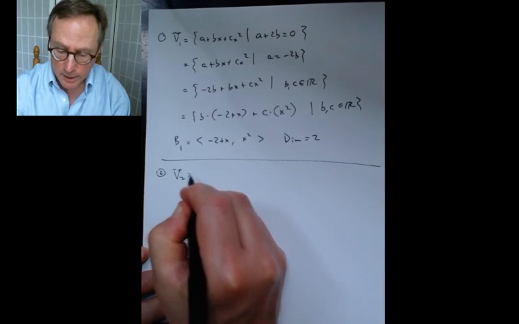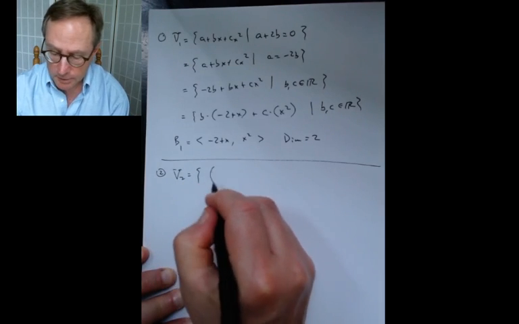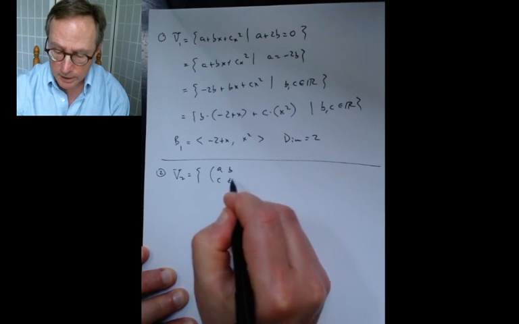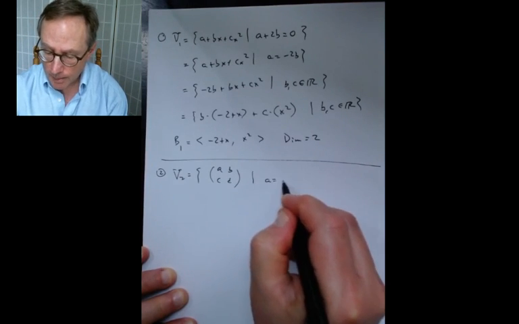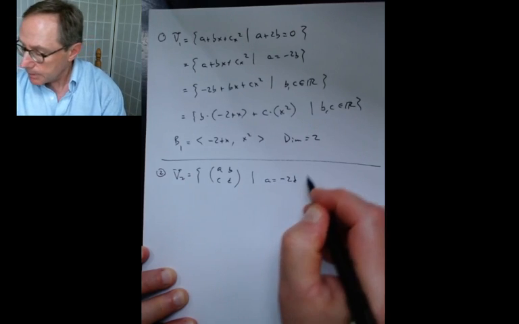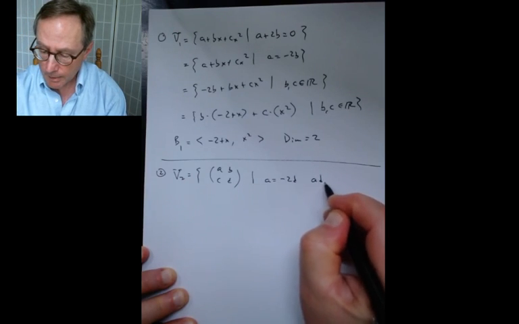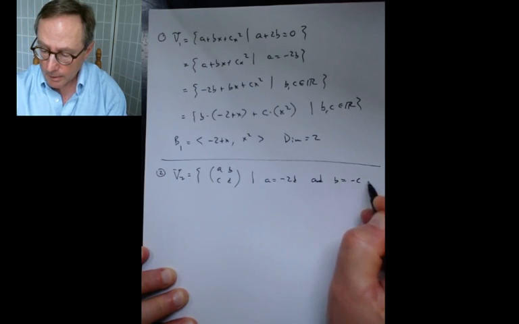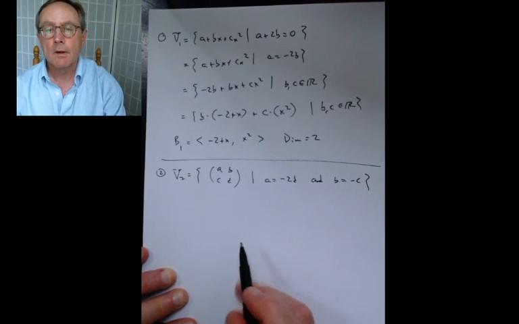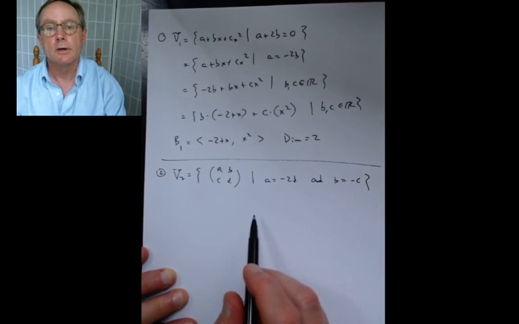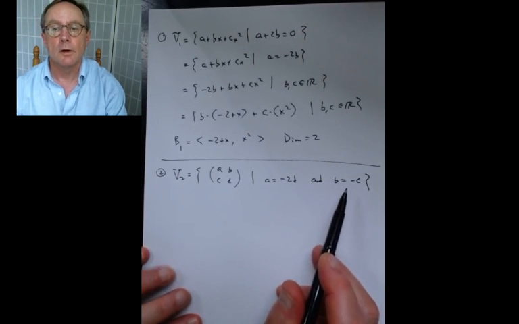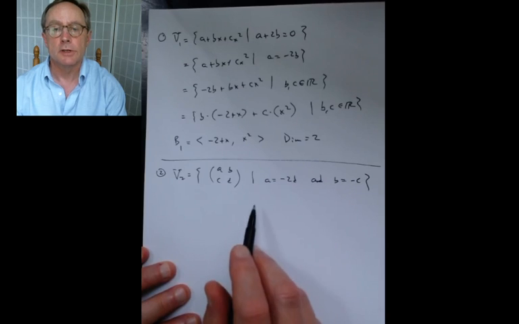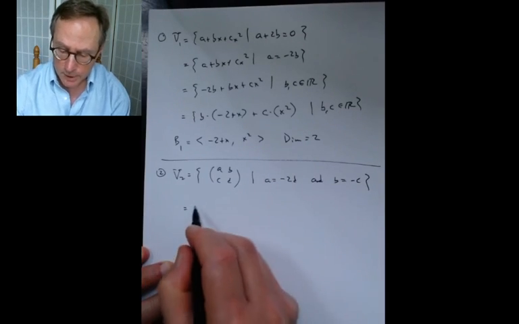V2 is the 2 by 2 matrices with entries a, b, c, d, where a is minus 2d and b is minus c. I already wrote them out with the leading variables expressed in terms of the free variables, and just mimic what happened upstairs.